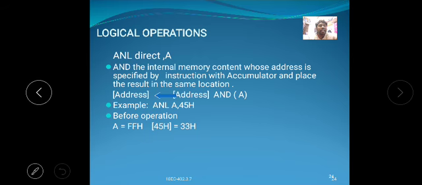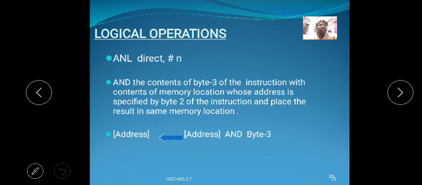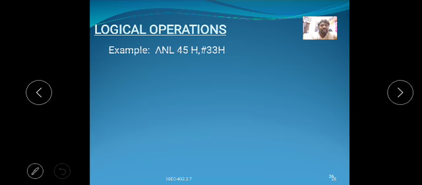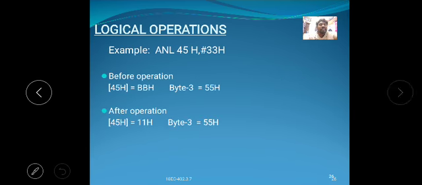Example: ANL 45H, A. ANL direct, #n: AND the content of byte 3 of the instruction with the content of memory location whose address is specified by byte 2 of the instruction and place the result in the same location, address AND byte 3. Example: ANL 45H, #33H.